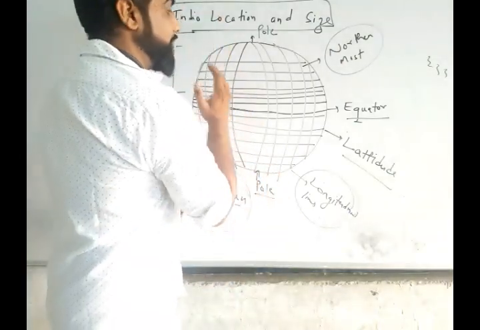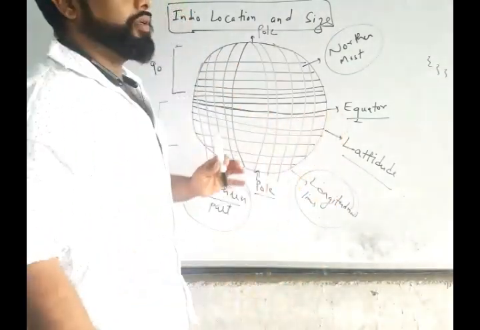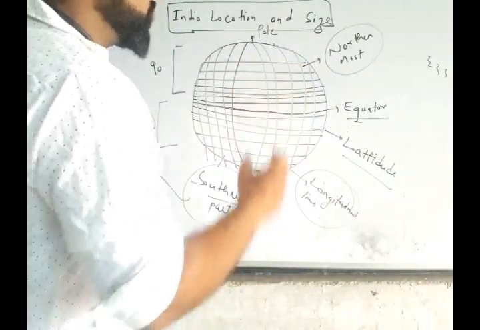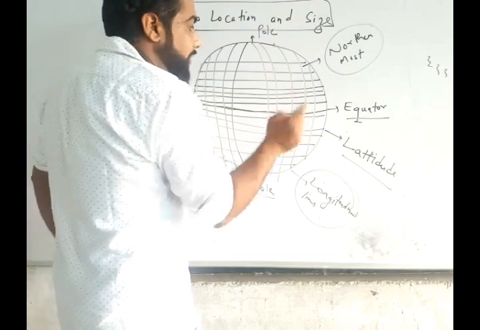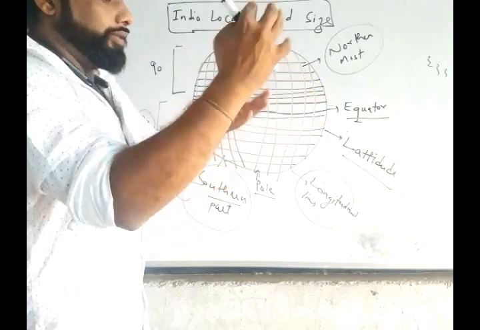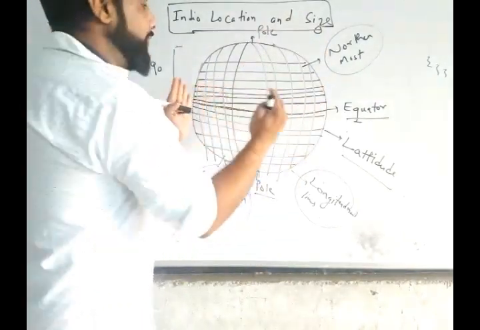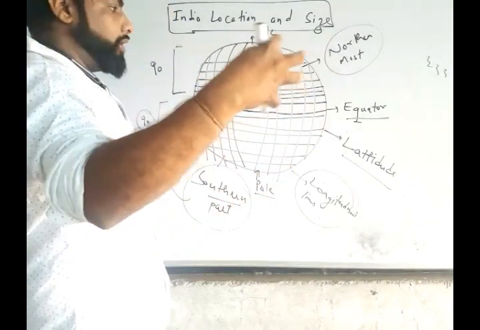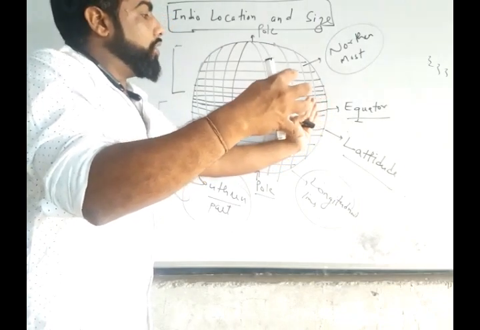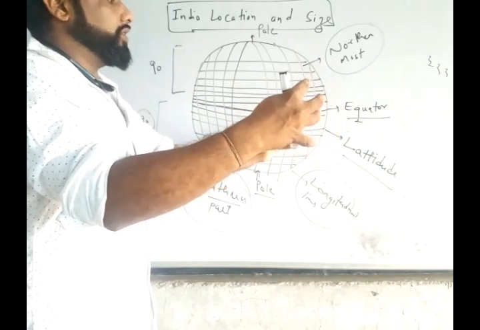This tells the time, because we know that Earth moves around the sun and it rotates on its axis. So when it rotates, then you just think that this is the sun, and when Earth rotates, then Earth is rotated in the anti-clockwise direction. Now the Earth is moving around the sun, and the time will change.